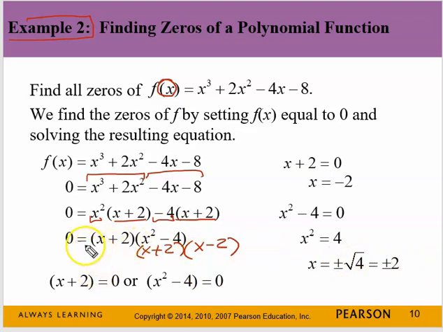So here, as we equate each of these to 0, here we get x is a negative 2. Here x is a negative 2, which is a repeat, and x is a 2. So we have a negative 2 and a 2. All right, let's see what that looks like now.